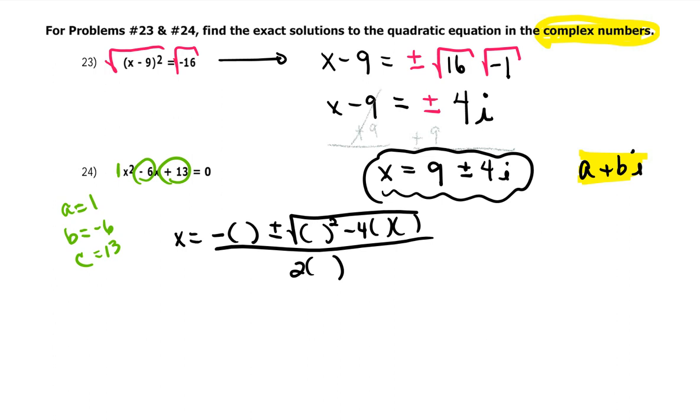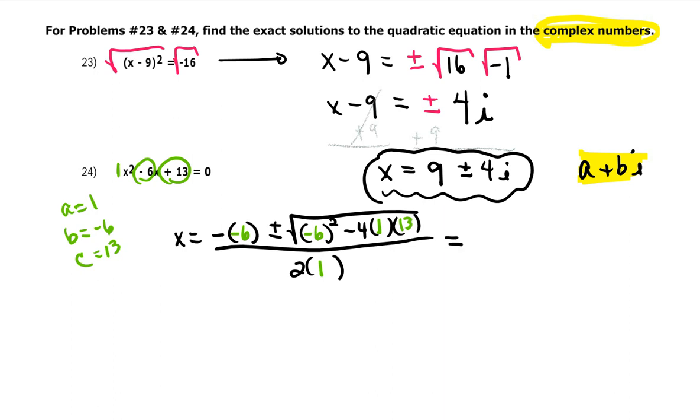Let's see. b is a negative 6. So negative 6 goes here. Negative 6 goes there. And then a was 1, c is 13, over 2 times a, which is 1. All right.